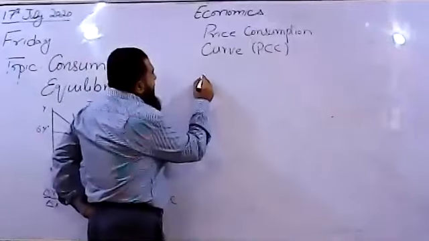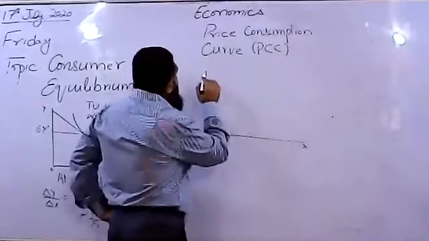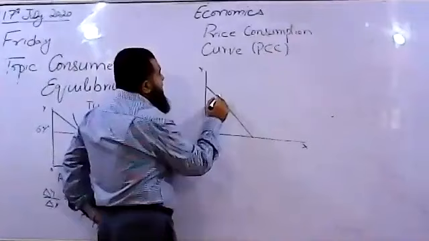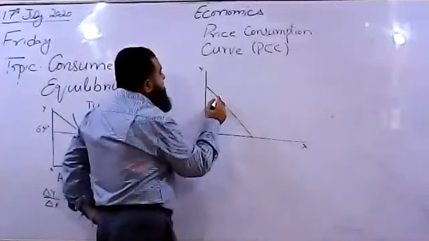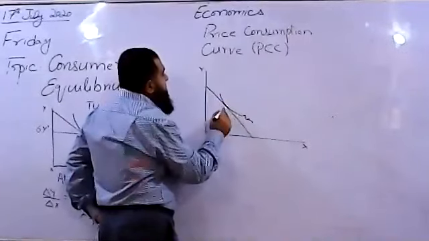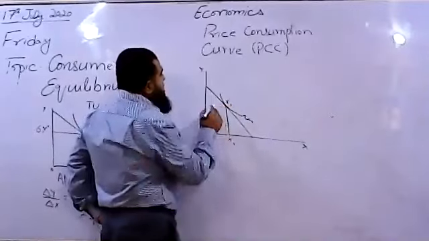Okay, now the price of X is decreasing. We have this budget line. The consumer is now consuming at this point of the indifference curve. This is E1. This is X1.